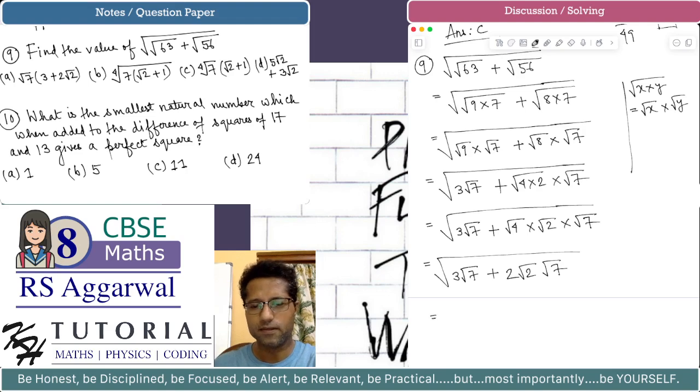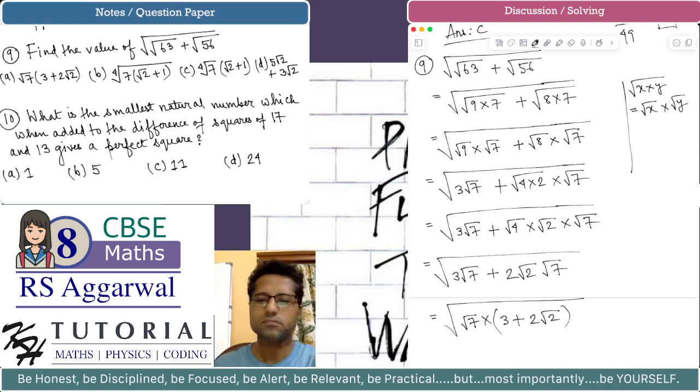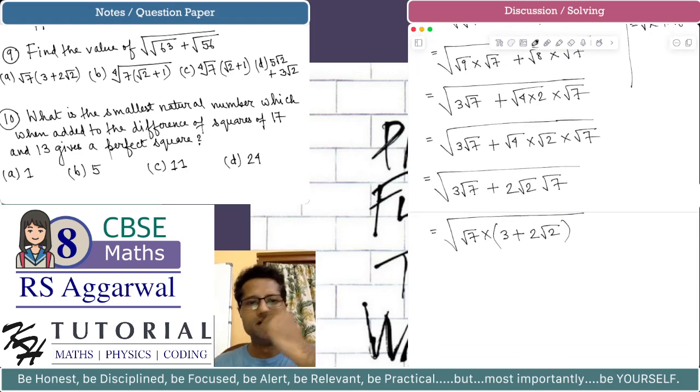Now from the expression, if I take square root of 7 common, I get square root of 7 multiplied by 3 plus 2 into square root of 2.